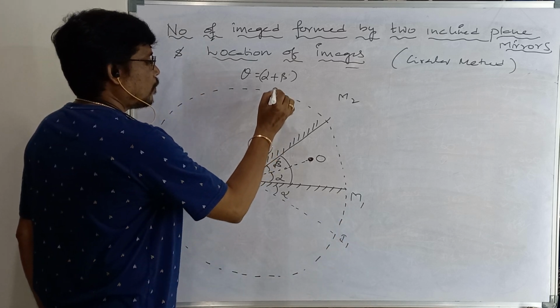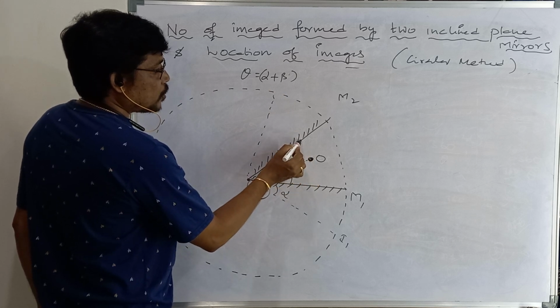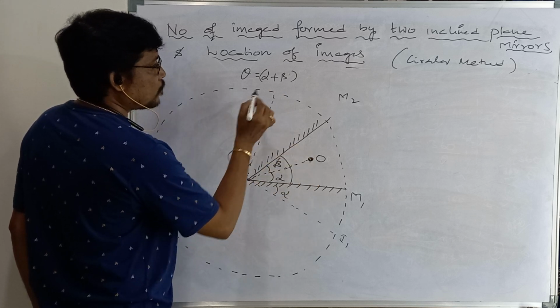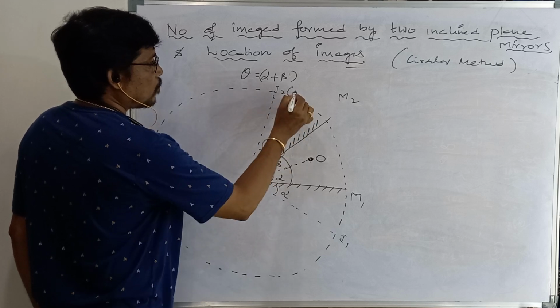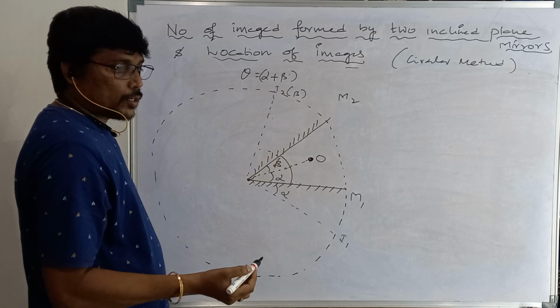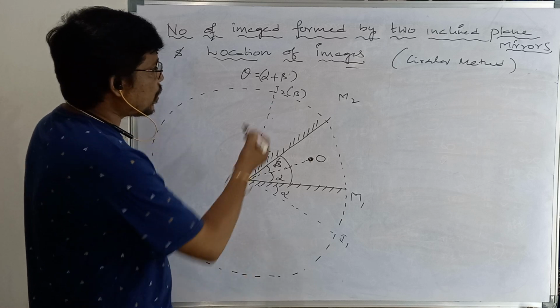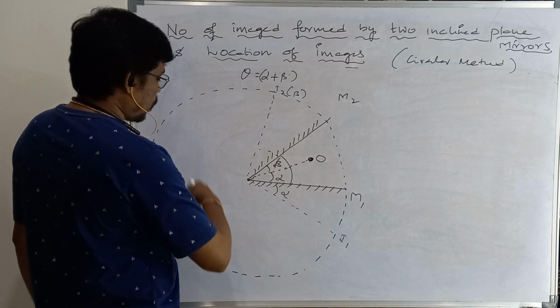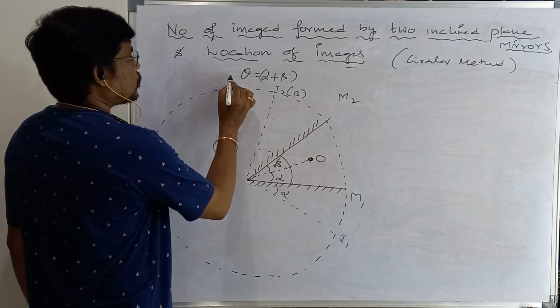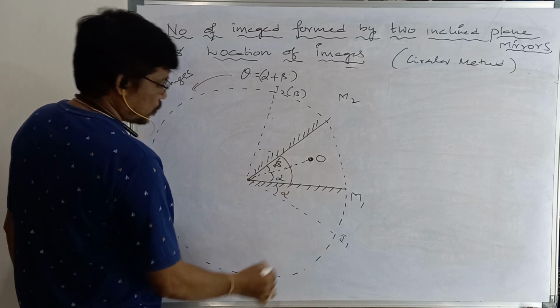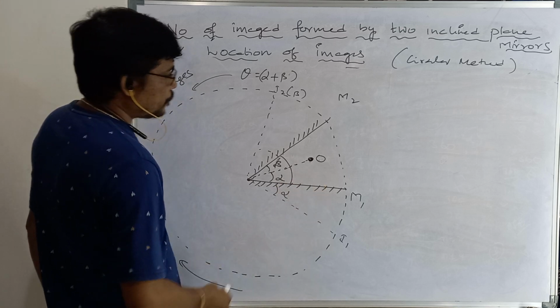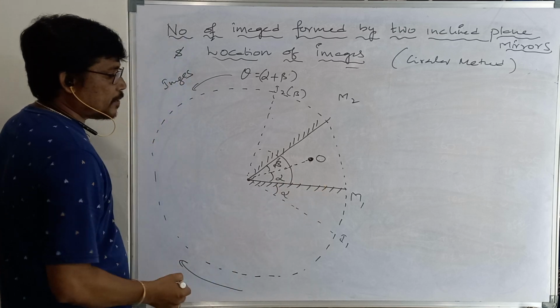Similarly, mirror M2 will produce image I2 at an angle of beta. You know, image distance is equal to object distance, here also the same. All the images are formed on the circumference of a circle. Images are formed on this circle.